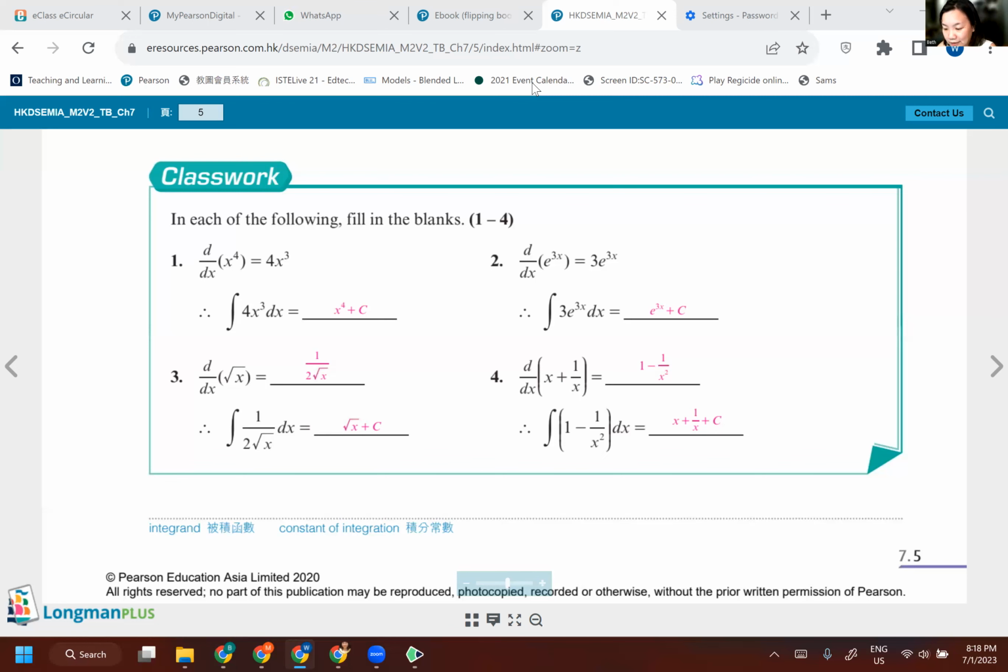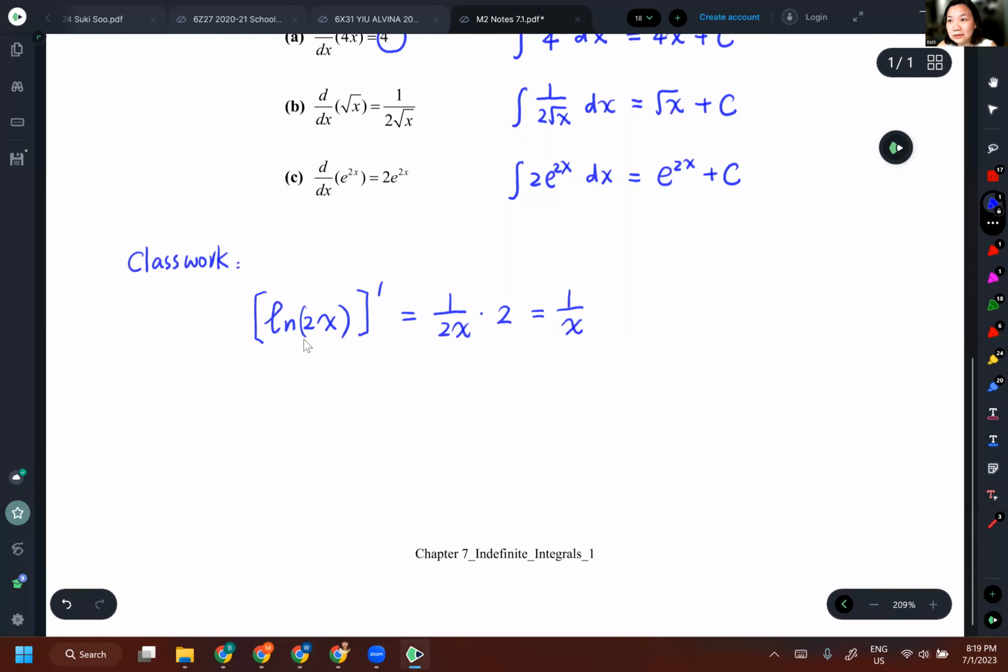Okay. Now, here I copied one differentiation from my notebook. Now maybe you can change this differentiation into integration.